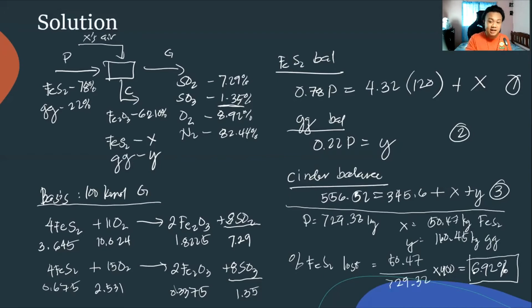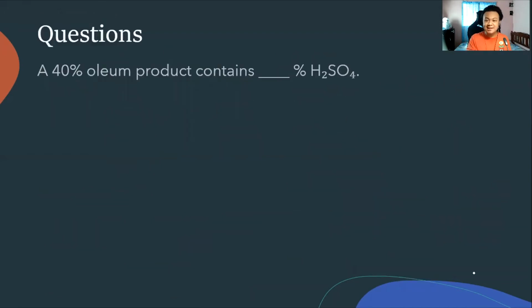Okay, now the easiest one in our problem set, we have a 40% oleum product contains blank percent sulfuric acid. Okay, what is oleum?